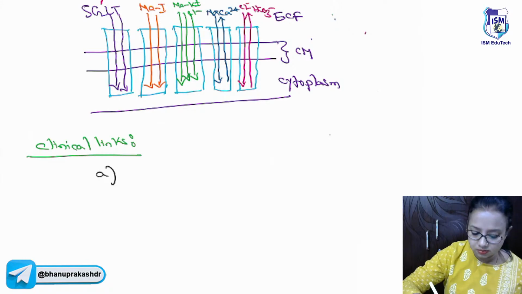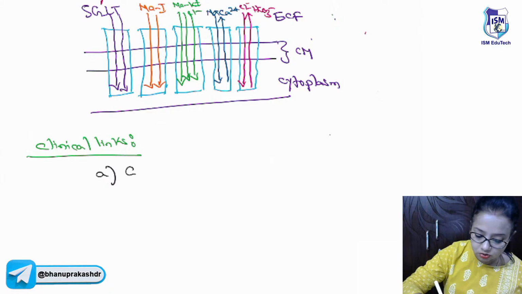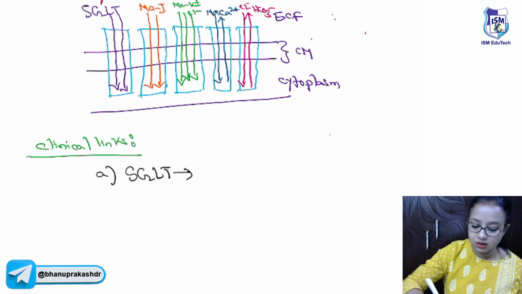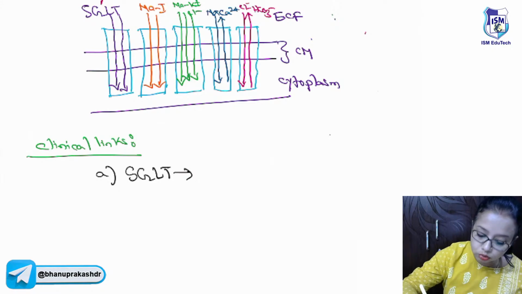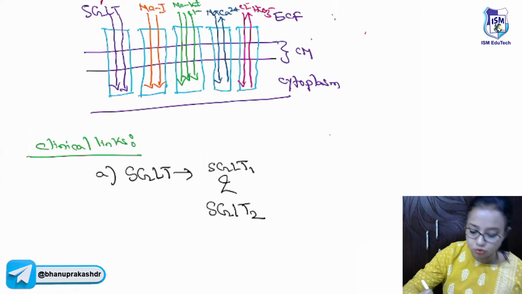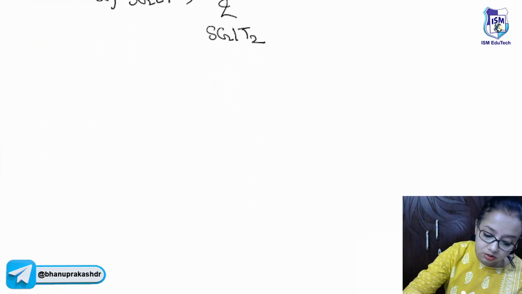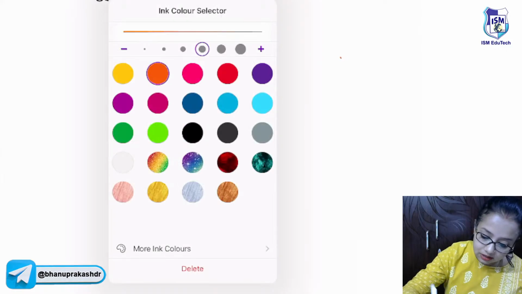First example, there are numerous, we will discuss a few examples here. Sodium glucose co-transport. Now this one is of two subtypes, like SGLT1 and SGLT2. Okay, the locations are also different.